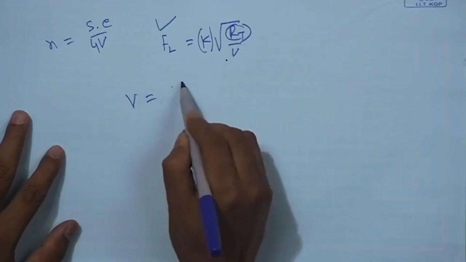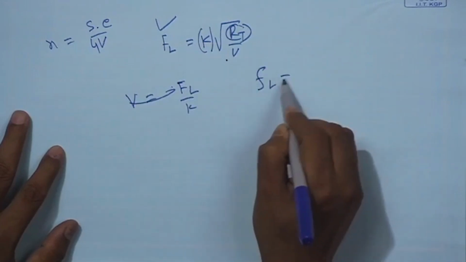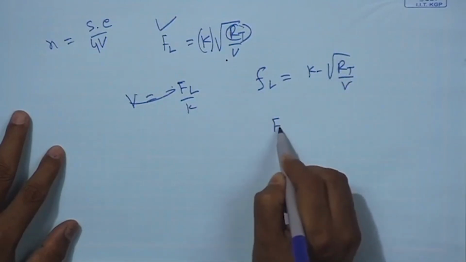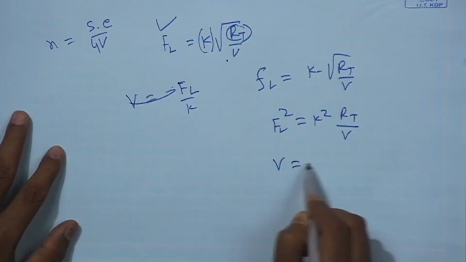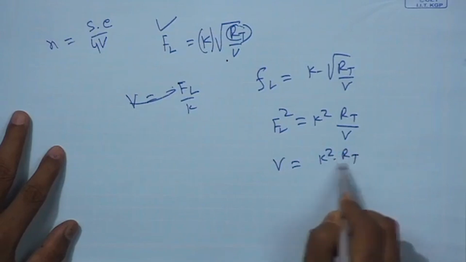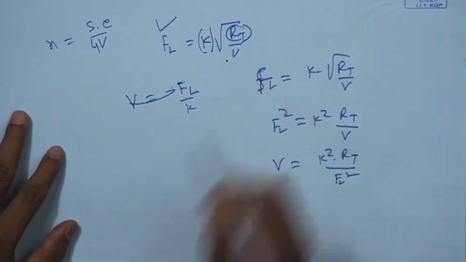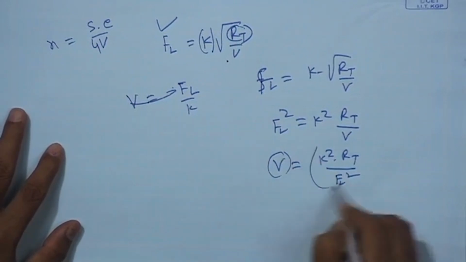Then its volume must support this. So FL squared is equal to K squared times RT divided by V. So V is K squared into RT divided by FL squared. The required volume must support this equation.